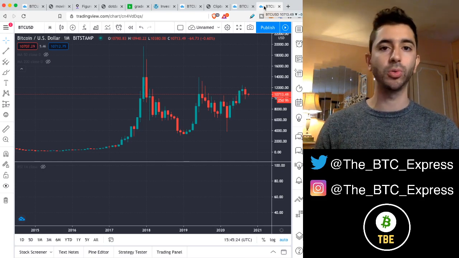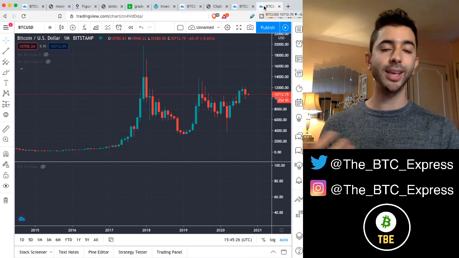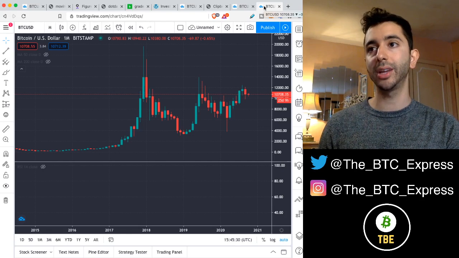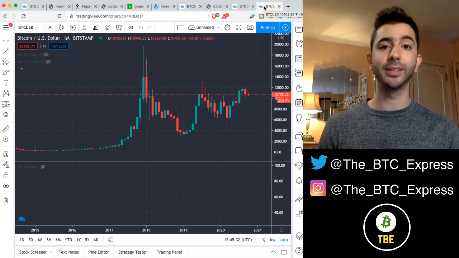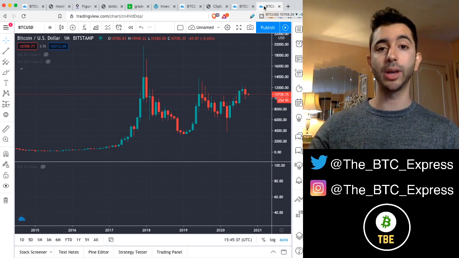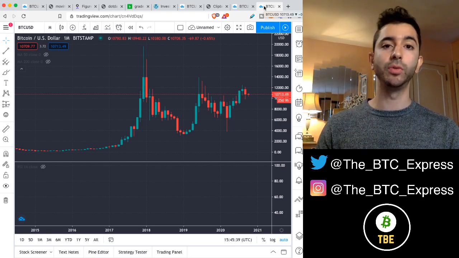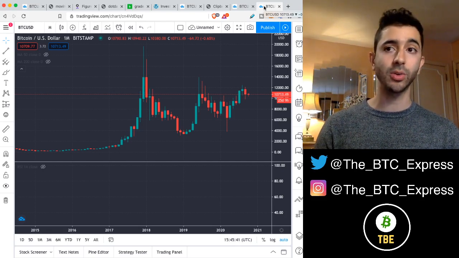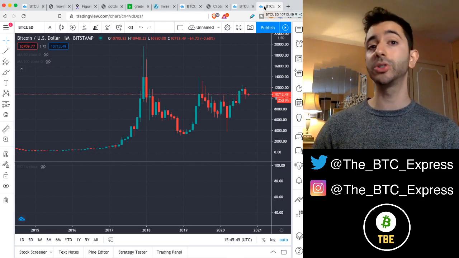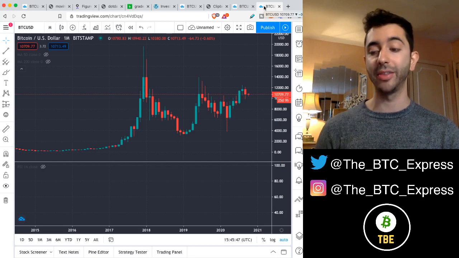Some of them are only 2 years old. So taking technical analysis from only 2 years of history might not be the best idea. But when it comes to altcoins, they do tend to follow the movement of Bitcoin. So by looking at the movement or the technical analysis of Bitcoin, maybe one can take the same approach towards the altcoins that they're using.